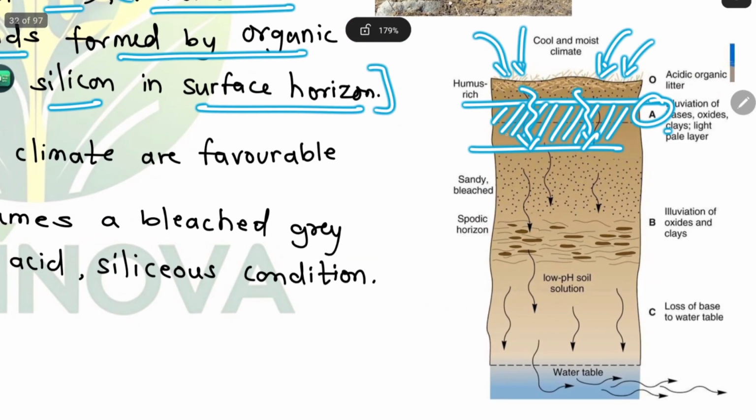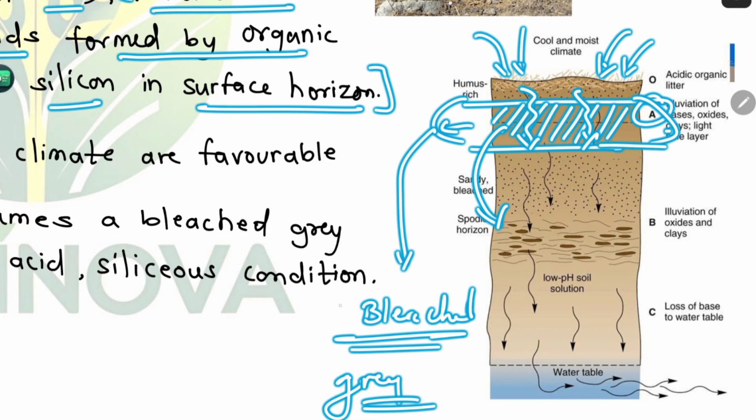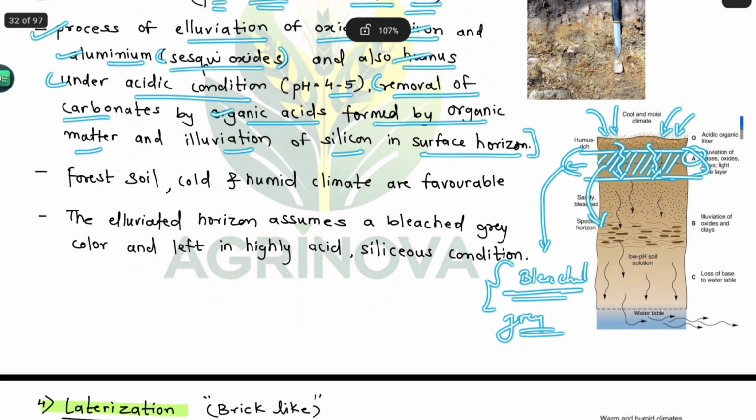So it gets deposited in the lower layers and causes the layer to become light in color or get bleached or gray in color. So it forms the podzol type of soil. Basically it is formed in forest soil, cold and humid climate.